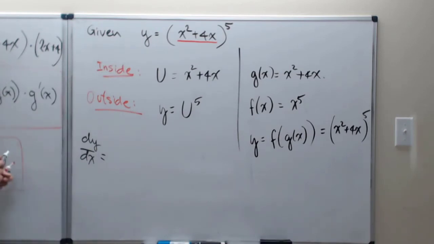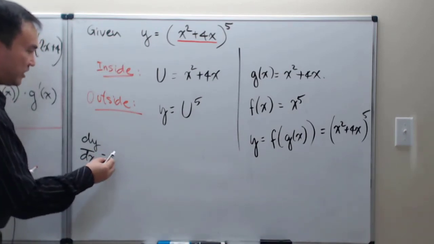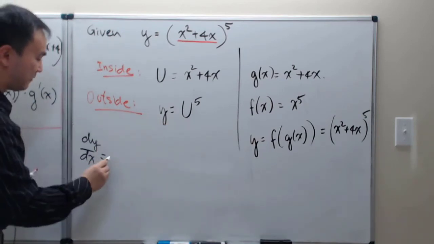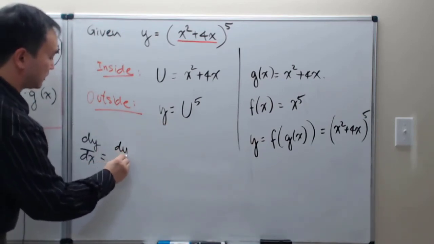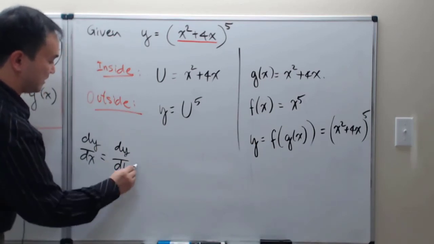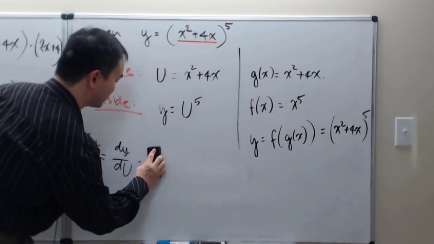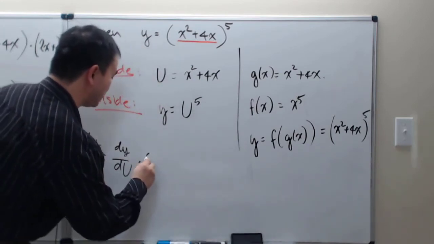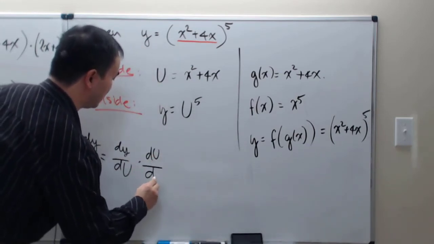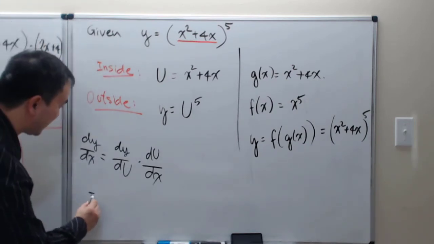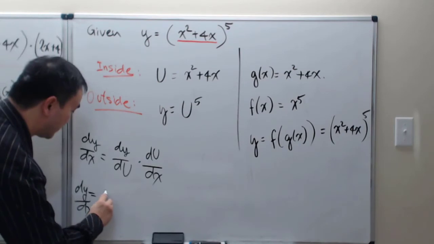According to the chain rule, dy dx is the derivative of the outside first, dy du, and then multiply by du dx.